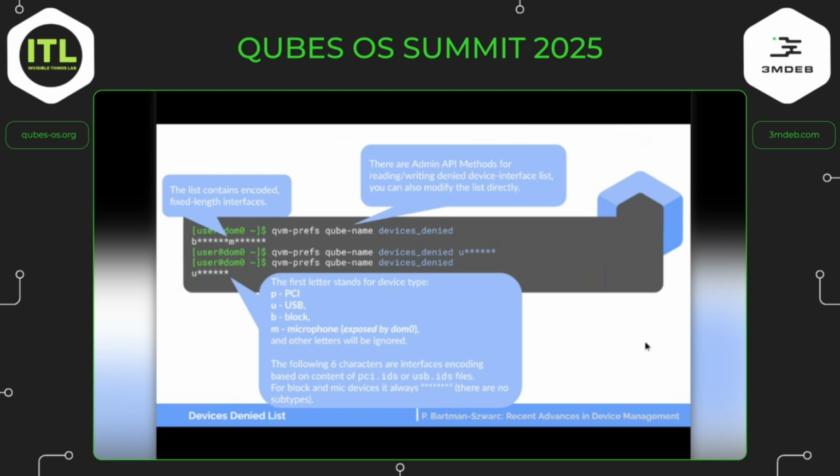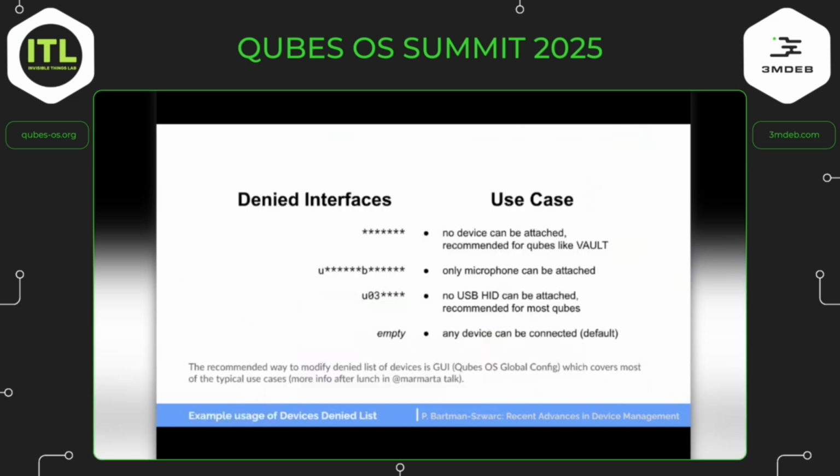Let's go to example usage of the deny list in the final version. The first one, just the 7 asterisks, means that it matches every interface which the device can expose.